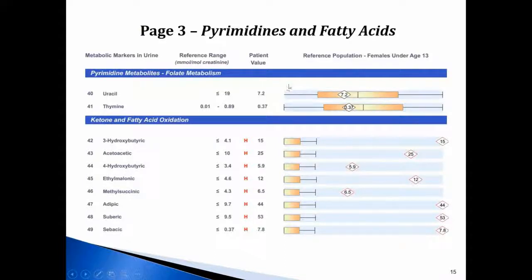The top of page 3 looks at folate metabolism. In most cases that I see, whether it's in kids or adults, the folate metabolism markers are normal. When they do show up abnormal, it's usually uracil. Probably less than 10% of OATs that I see have elevated uracil.